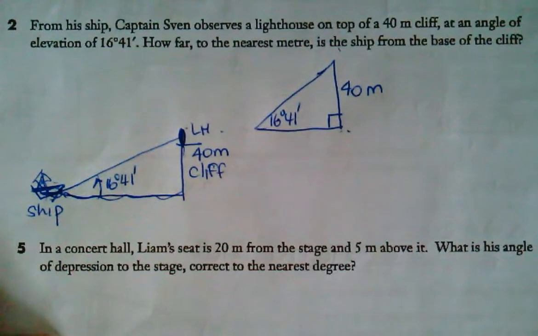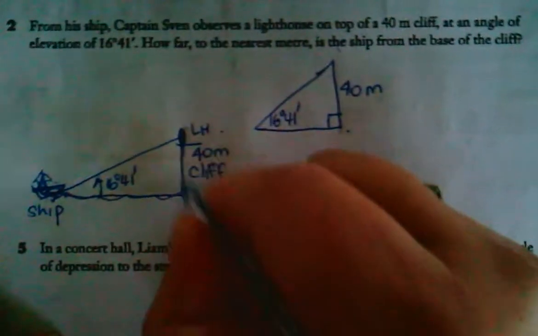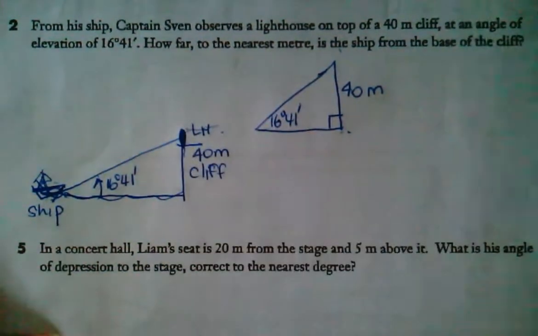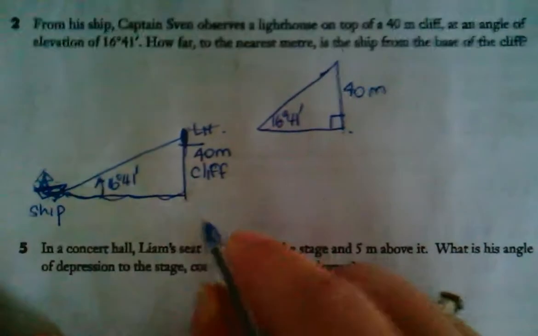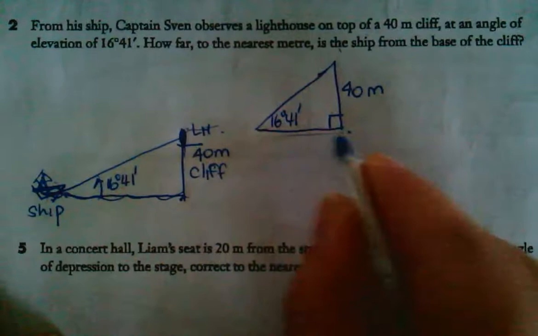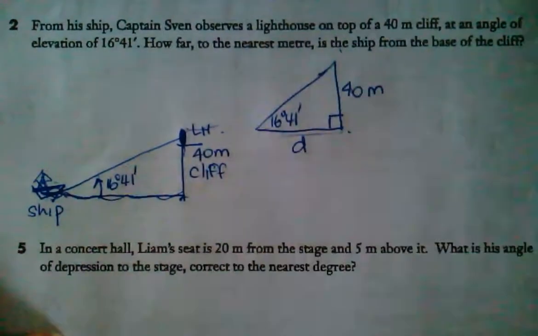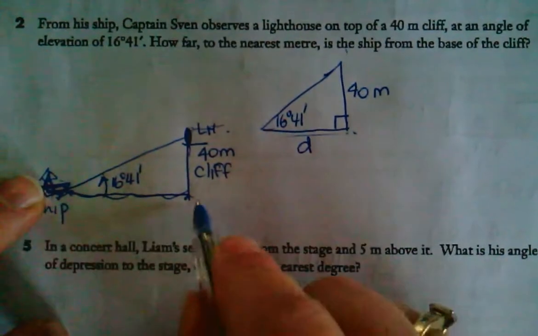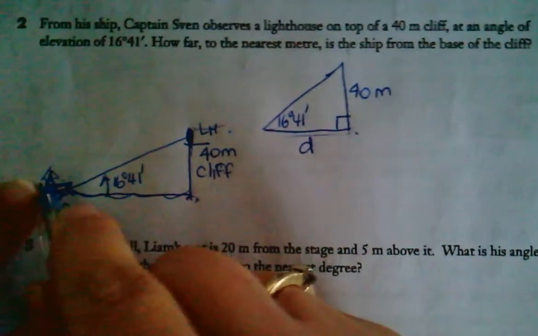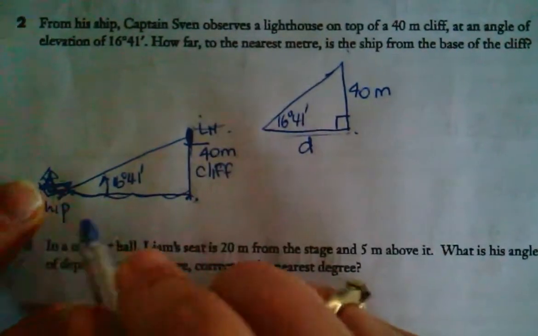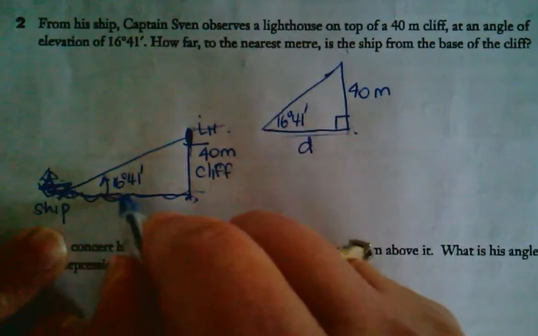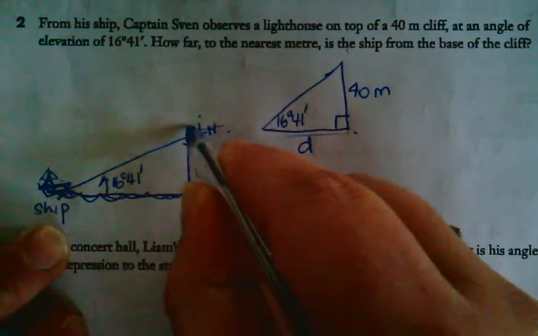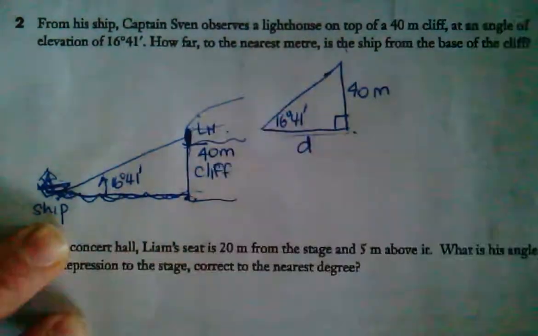The base is the bottom of the cliff, so you want this distance along the bottom, not to the lighthouse. Remember, this is water down here, and that's your big cliff with your lighthouse on top.